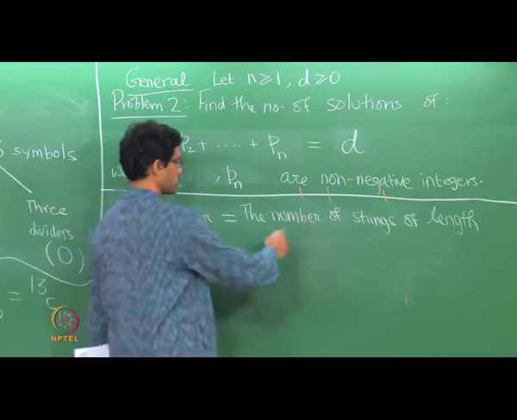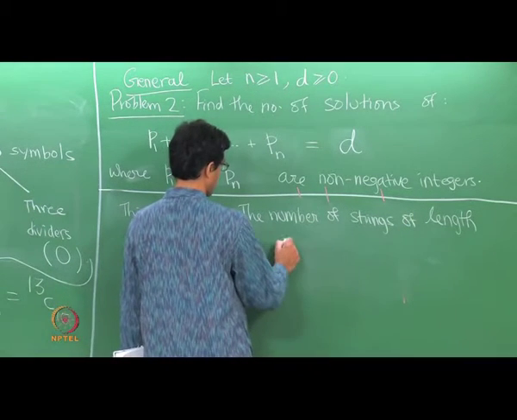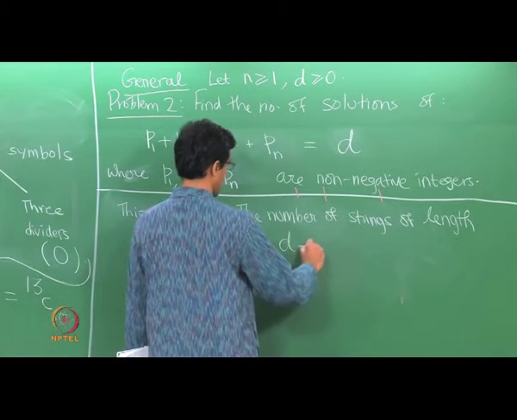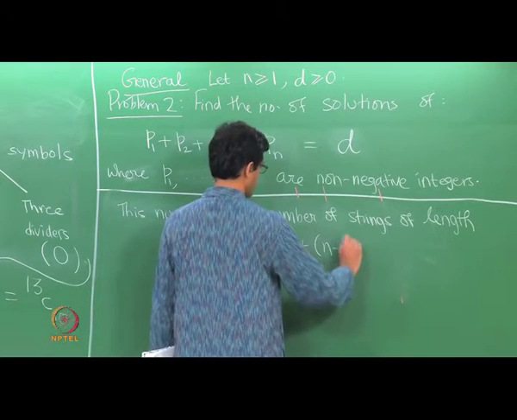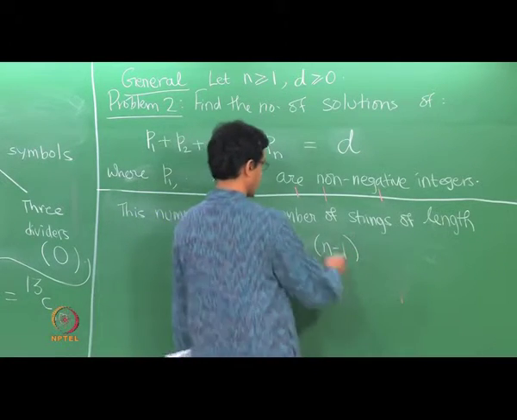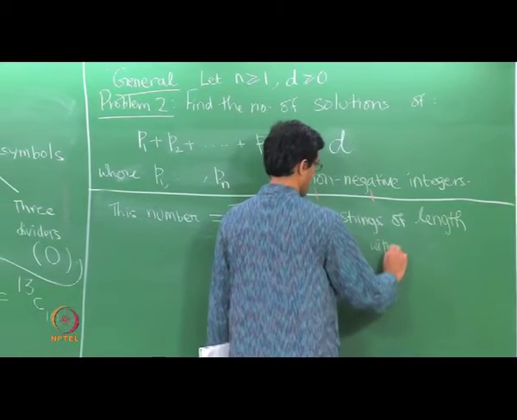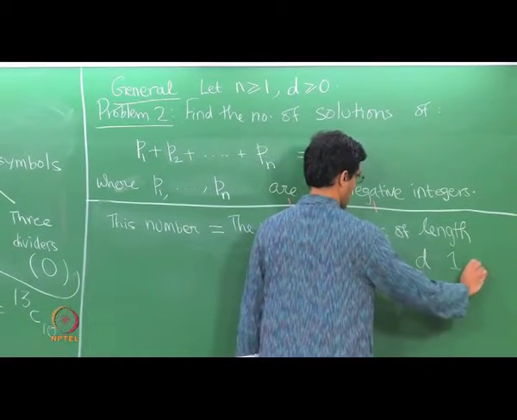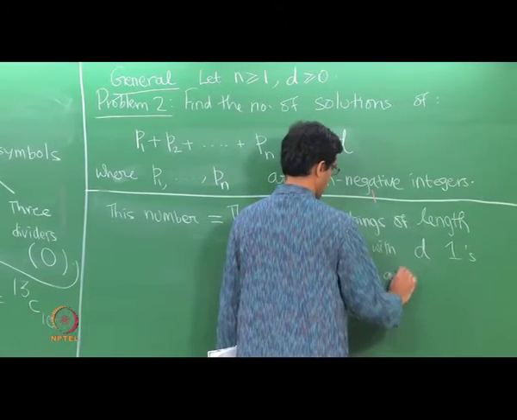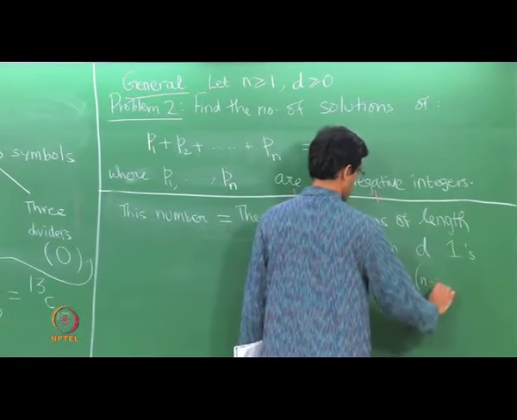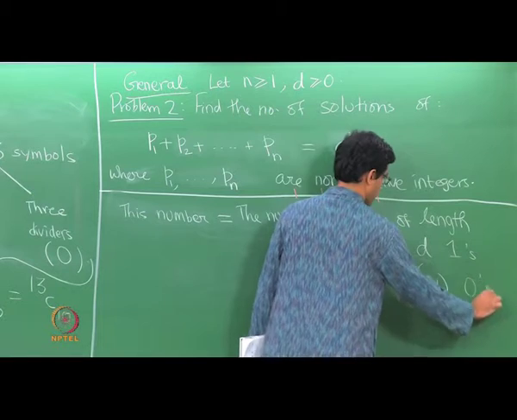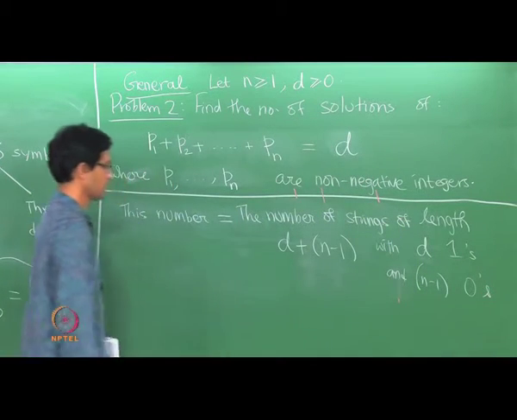So the number of strings of length, what's the total length? d is the number of ones and n minus 1 is the number of zeros. So the strings contain d ones and n minus 1 zeros. So these are the dividers.